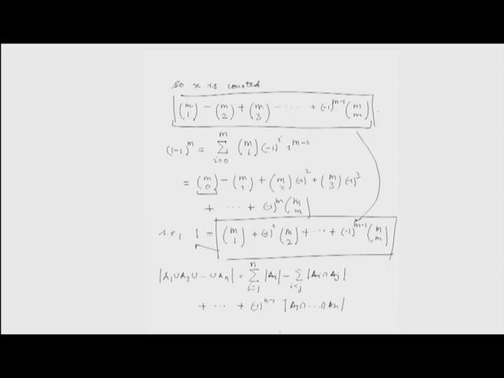In this expression, if I take any x belonging to A1 union An and see the number of times it is counted here, and appropriately add and subtract those numbers depending on the signs, that adds up always to 1.